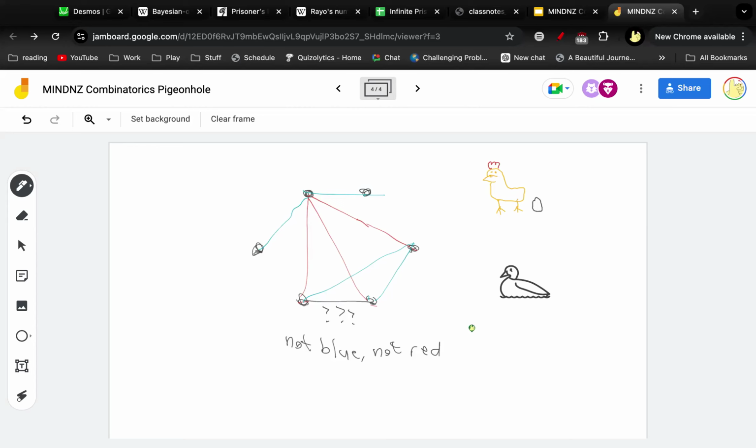Draw a red edge between 2 vertices if they are friends, and a blue edge if they are not friends. Then make it clear that the original problem is now converted into a new problem where we're trying to prove there's either a blue triangle or a red triangle.